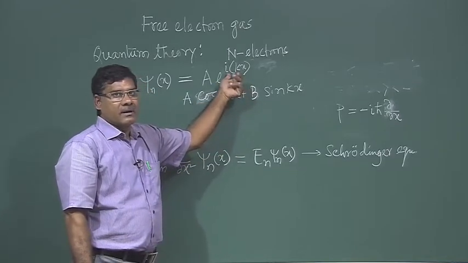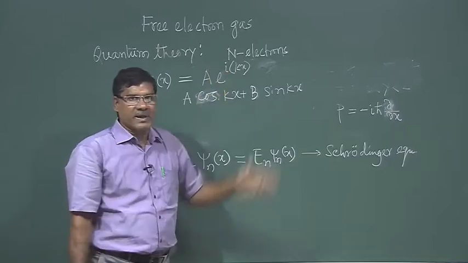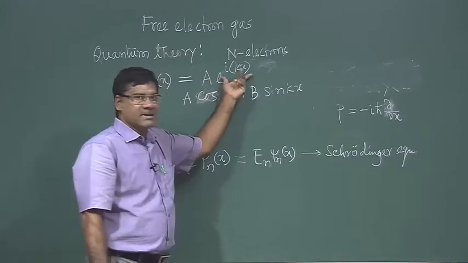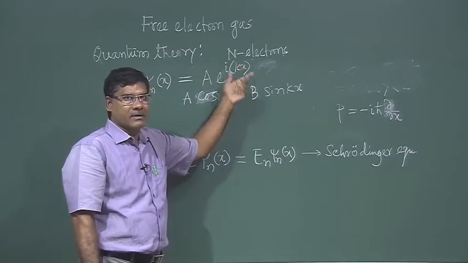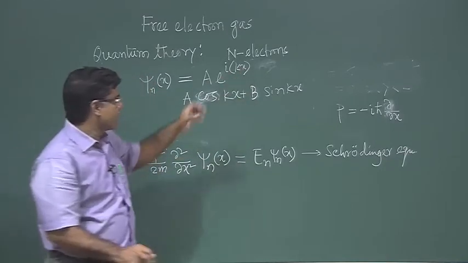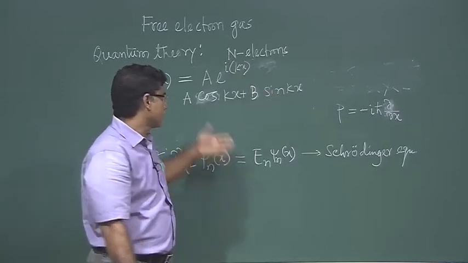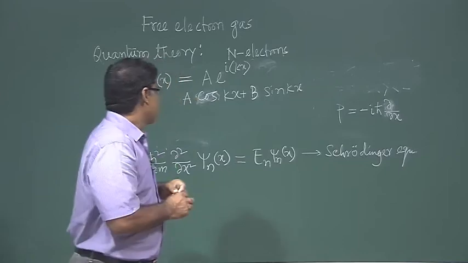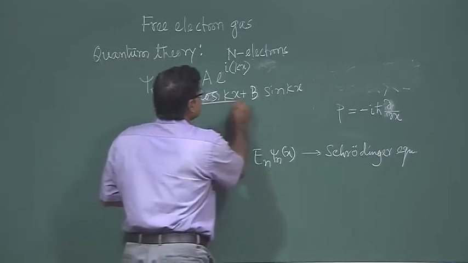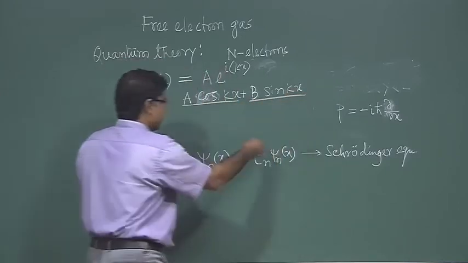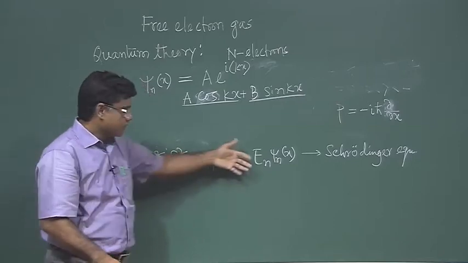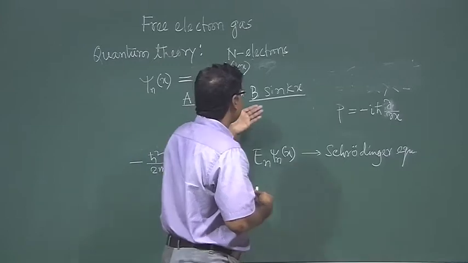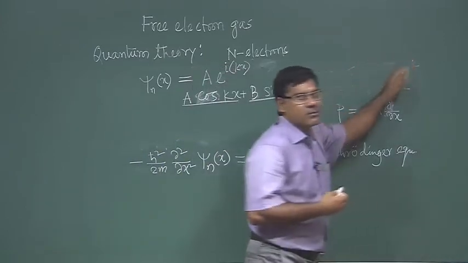This is a complex number, which we take for convenience, but you have to take the real part of that for your realistic solution. So, this can be the general solution of this kind of equation.